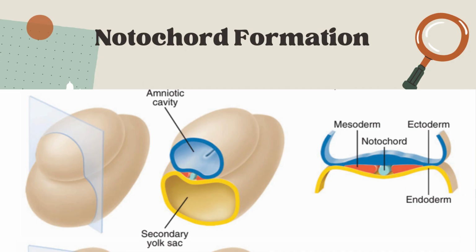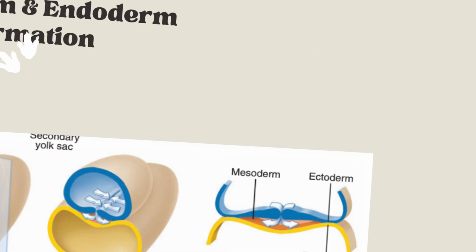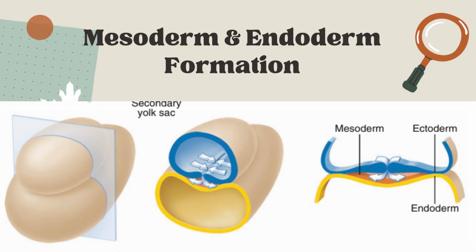As more cells migrate through the primitive streak, they form two major new layers. Those that displace the hypoblast become the true embryonic endoderm, which will later give rise to the lining of the digestive and respiratory systems. The cells that remain in between form the intraembryonic mesoderm, which gives rise to muscle, bone, cartilage, connective tissue, and blood vessels.